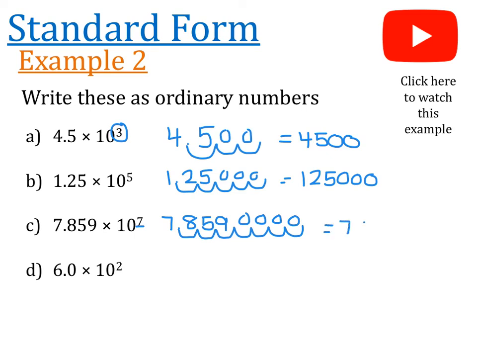So we've got 7, 8, 5, 9, and 4 zeros. All right, and last but not least, we've got 6.0 times 10 to the power of 2. So 6.0, and then we have to move it 2 places. 1, 2. So we need 1 placeholder this time. The answer is 600.